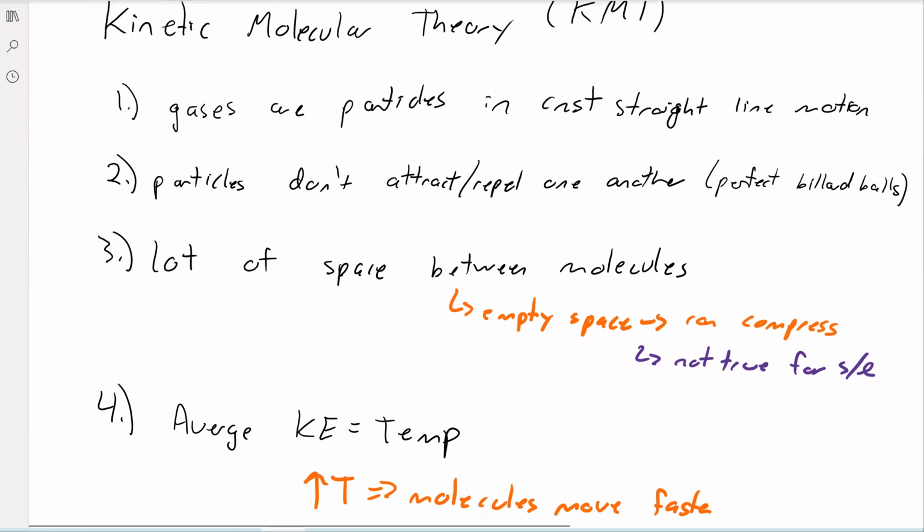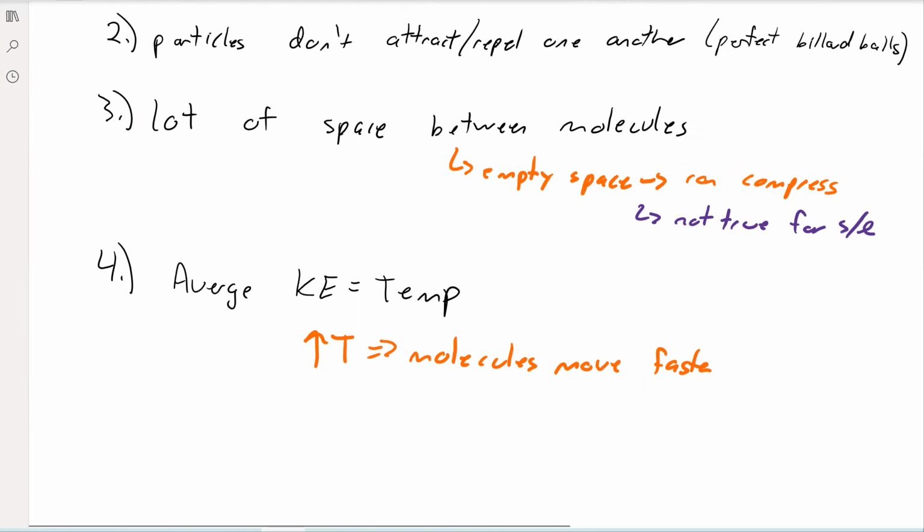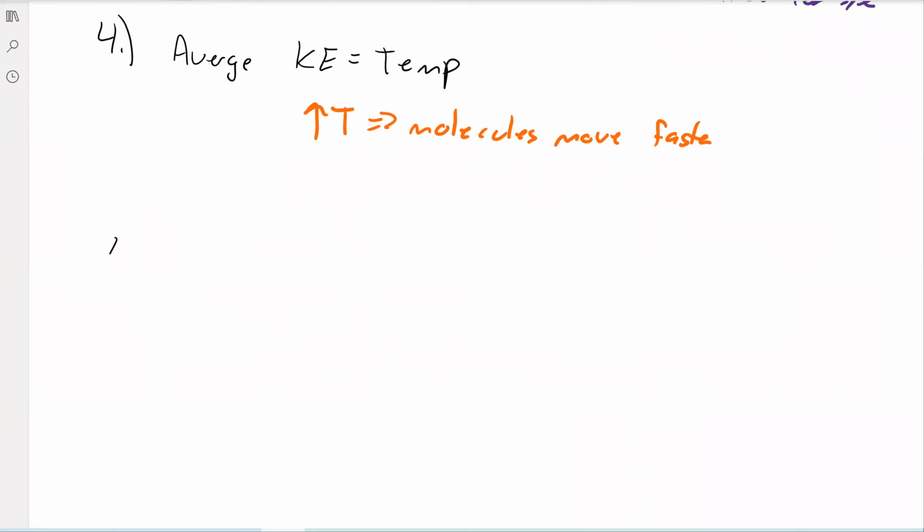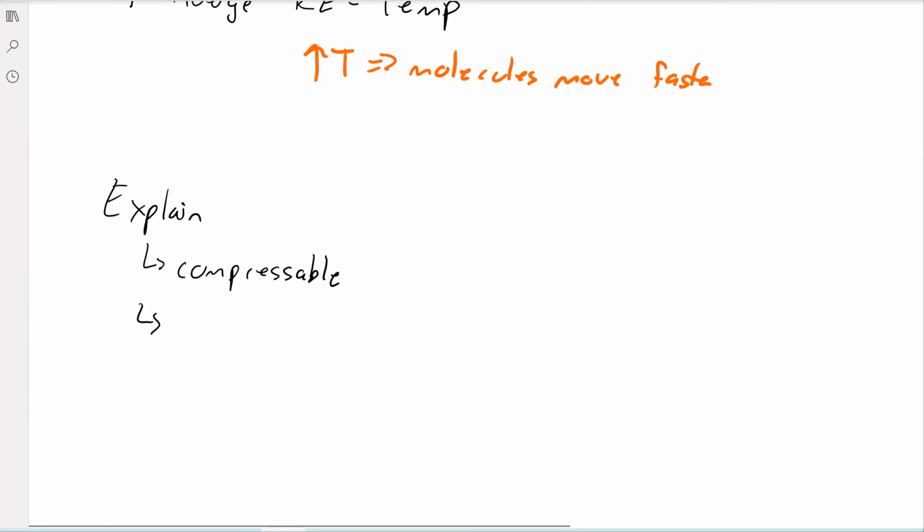Nothing revolutionary nowadays, but back in the day, this was somewhat revolutionary. And so if you combine all these together, we can explain a lot of the properties of the gases. Like we said, the compressibility is explained by the empty space between these molecules.